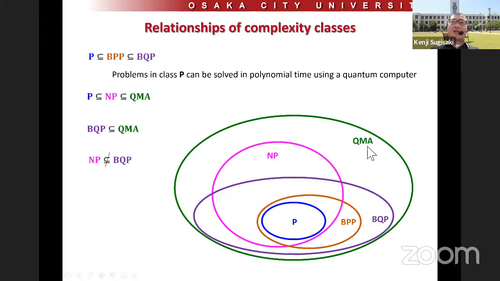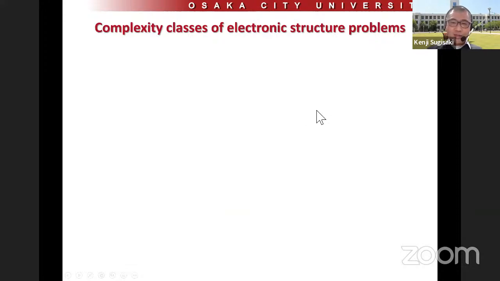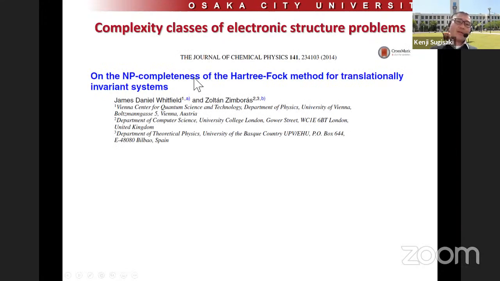So let us think about more detail of the computational complexity of electronic structure problems. First, a paper was reported in 2014: the Hartree-Fock method for translation invariant systems is NP-complete.